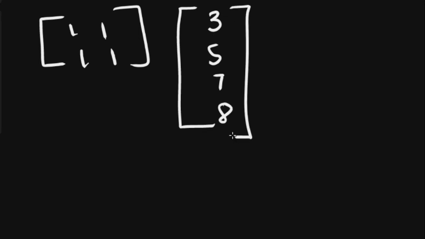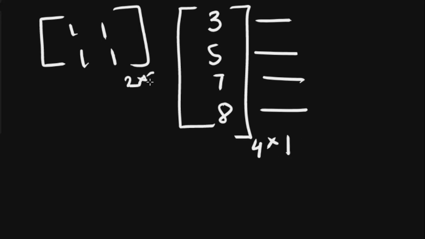Try to find out the size of this matrix. What cross what will the matrix be? Just think a bit. Here I can say this is 1 row, 2 3 4, so 4 rows and 1 column, so 4 cross 1, and this is 2 cross 2.